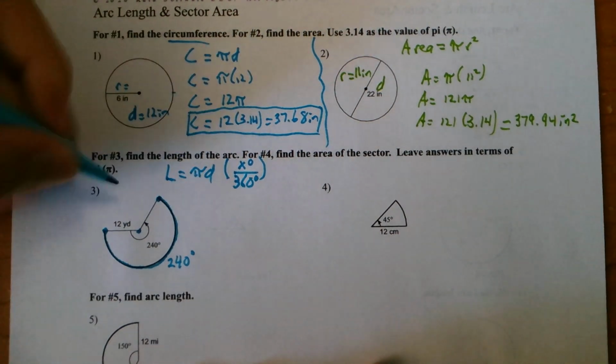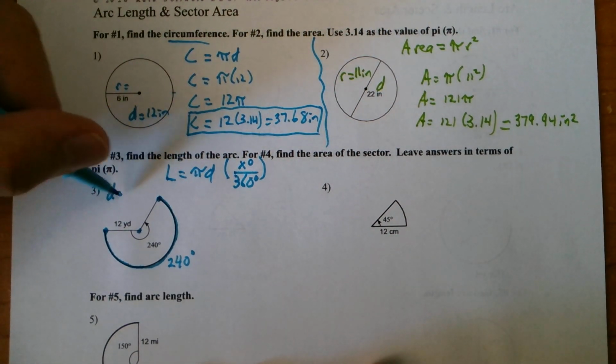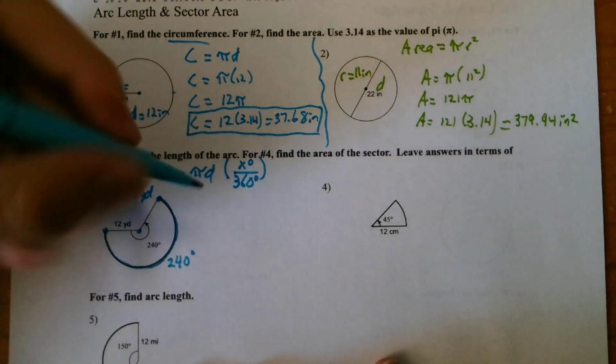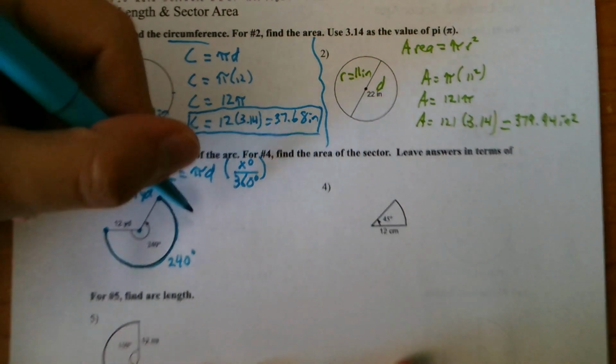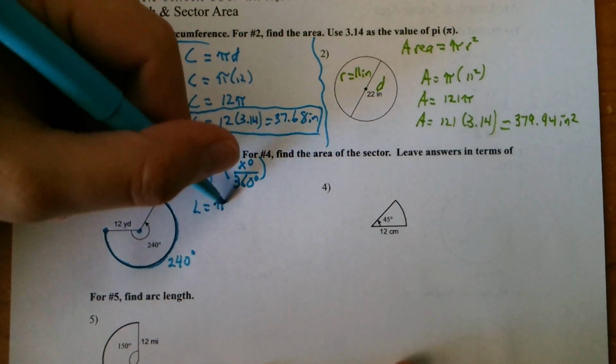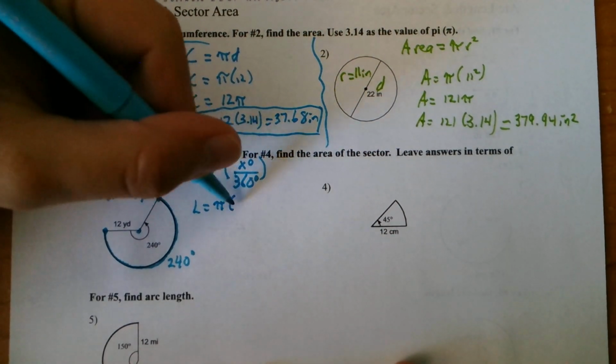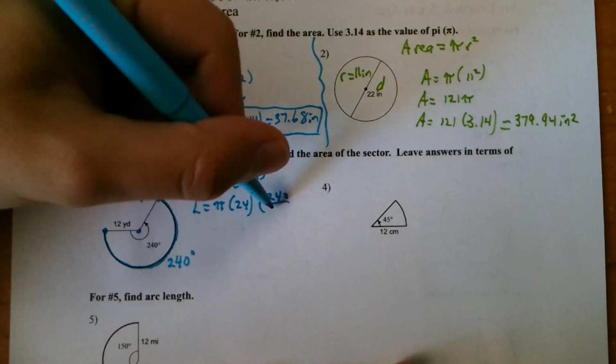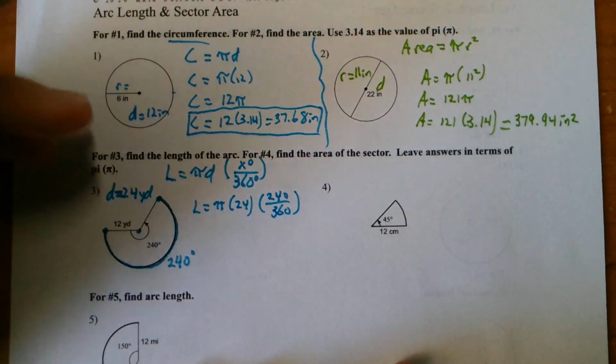Now, since we want diameter, just double that number. Diameter would be equal to 24 yards. So when I start to work that out, that's going to be pi times 24 times 240 over 360.